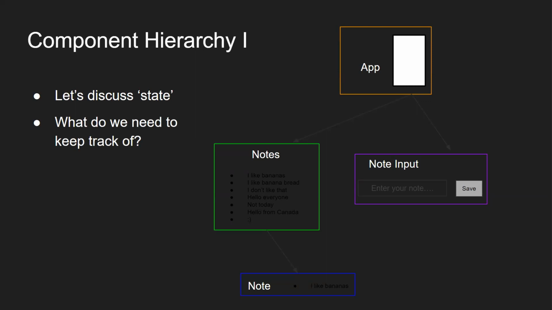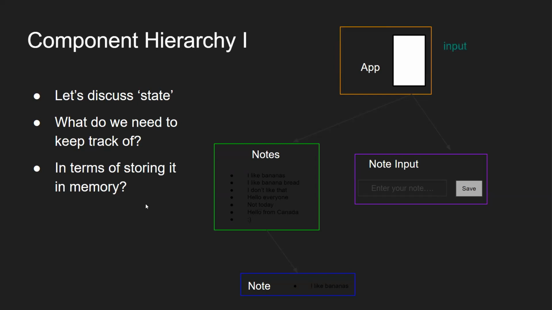And I guess that might be the most analogous thing I can think of to state. But I think the most important takeaway is that each component can have its own state. We use state to store some information within that component. We can think of it like a memory. We're keeping track of something.